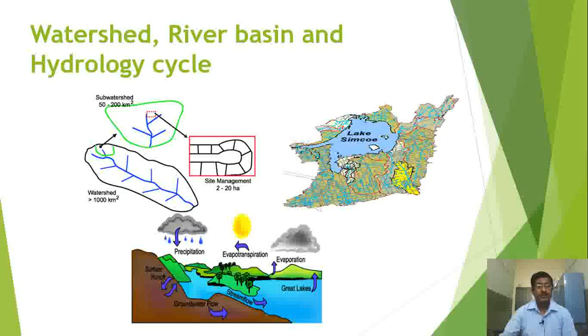Then also we are going to study the various watershed areas, where the water is collected by means of a typical pattern. Those patterns we are going to study, and also various river basins, and all these things are interconnected. Watershed, river basin or hydrological cycle, these are interconnected, and that interconnection we are going to analyze.